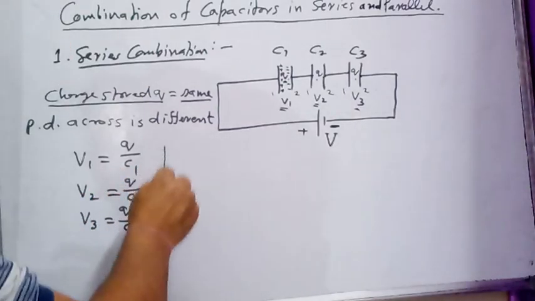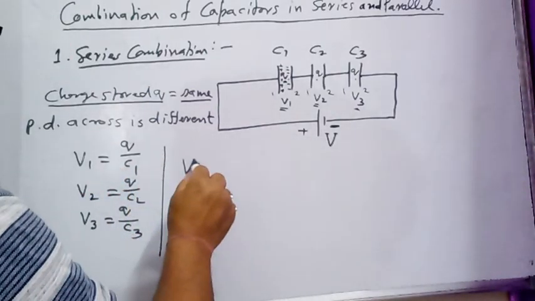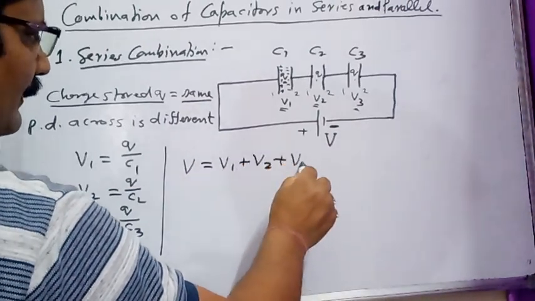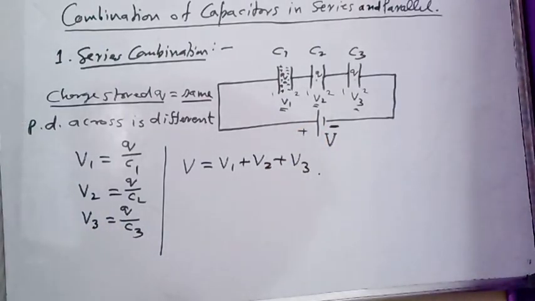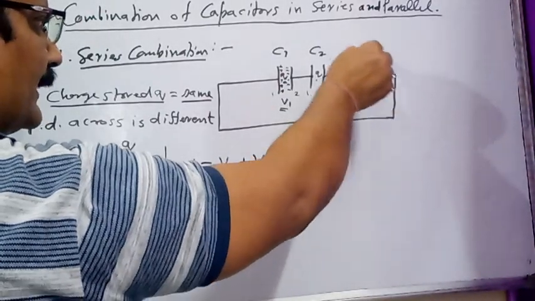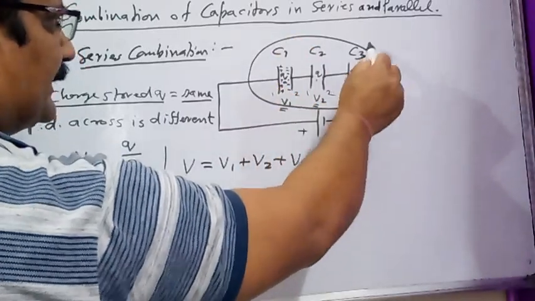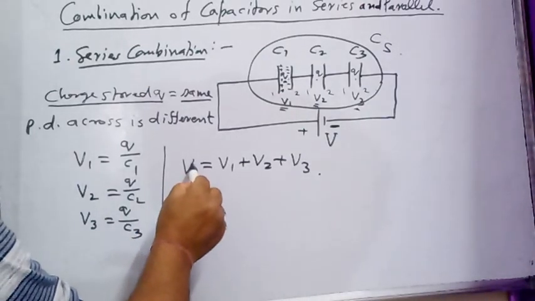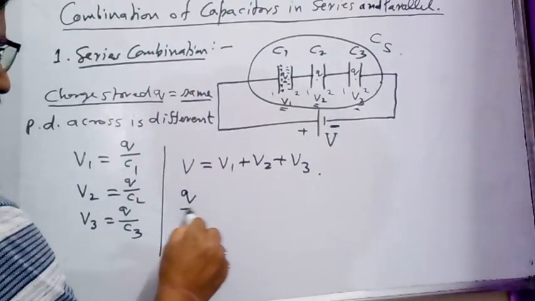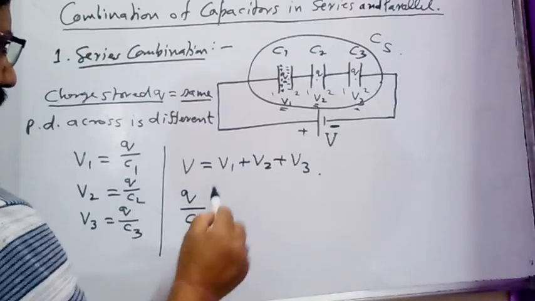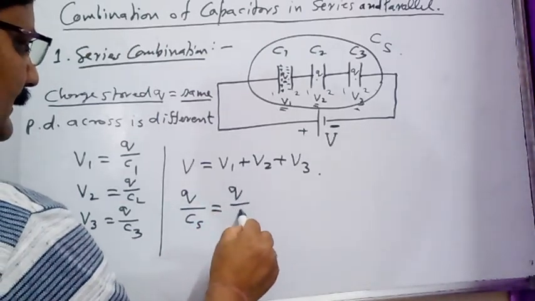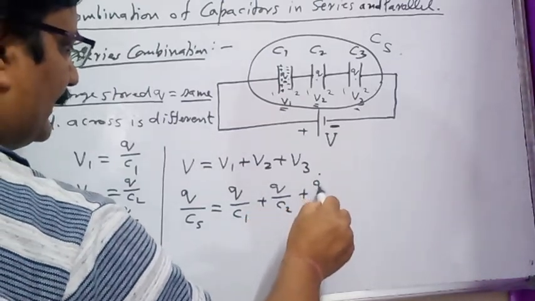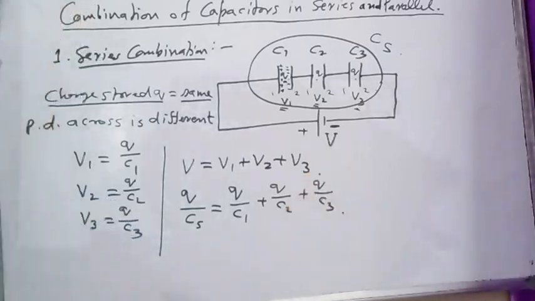So what is the total potential difference V? That can be written V is equal to V1 plus V2 plus V3. Now suppose the equivalent capacitance of this series combination is CS. Then the value of V is Q divided by CS, which is equal to Q by C1 plus Q by C2 plus Q by C3.